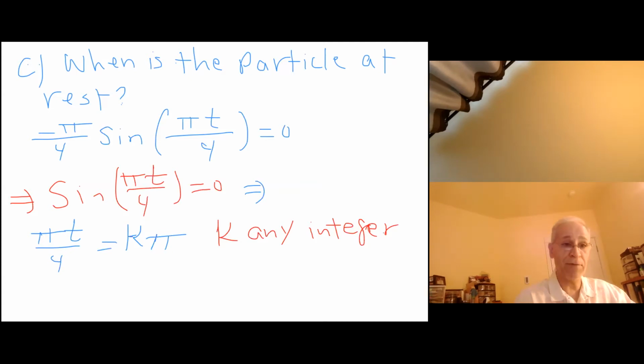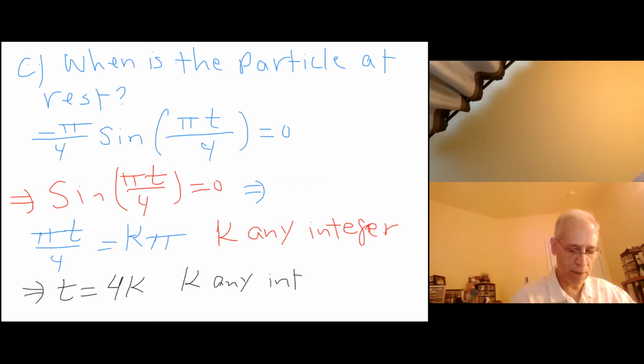So now I'm going to have to solve for t. Multiplying both sides of this equation by 4 over pi, the pi gets canceled out, so I have t equals 4k, and we know that k is any integer.